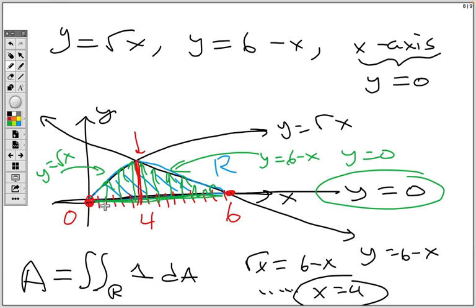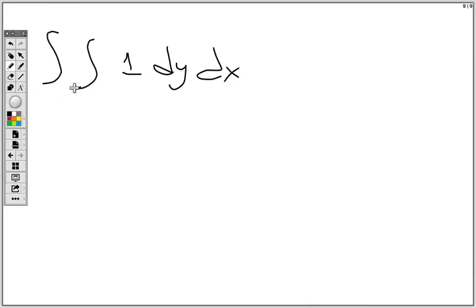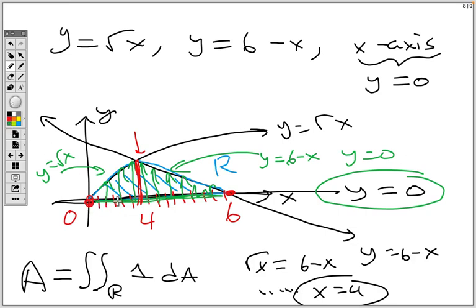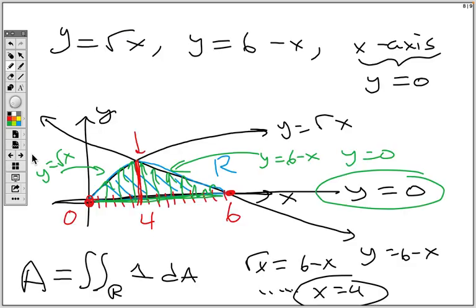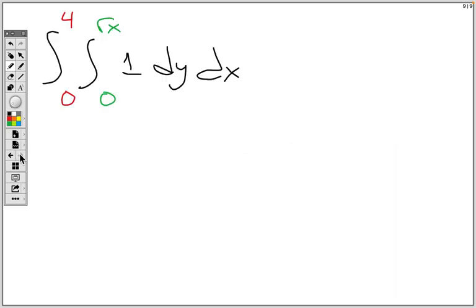The first integral, x is going to go from 0 to 4. And then the y goes from y equals 0 to y equals root x. And then I'll use the properties of the double integral. Since the overlap here is just going to be a vertical line that's got no area, I would add to that.